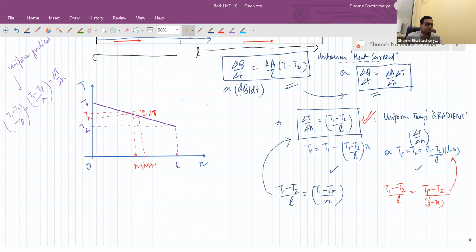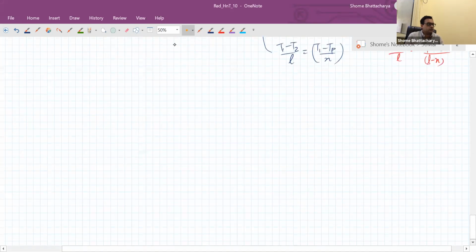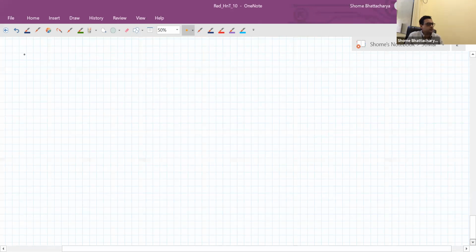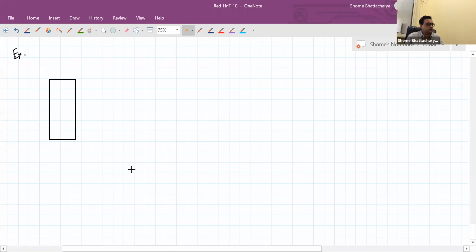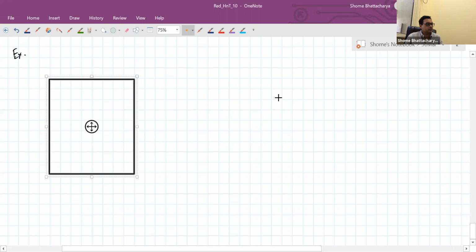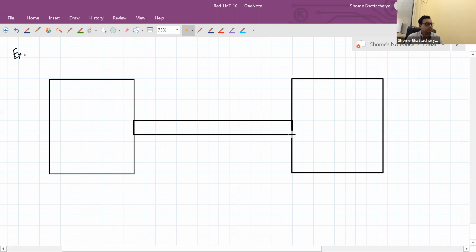So let's understand a numerical example to figure out all these things. Now we are doing exactly the kind of experiment we were discussing earlier. Between two constant temperature heat reservoirs, we are having a heat conductor.